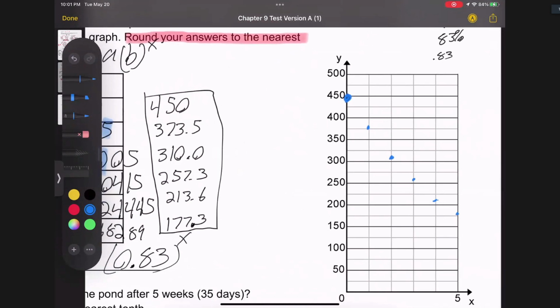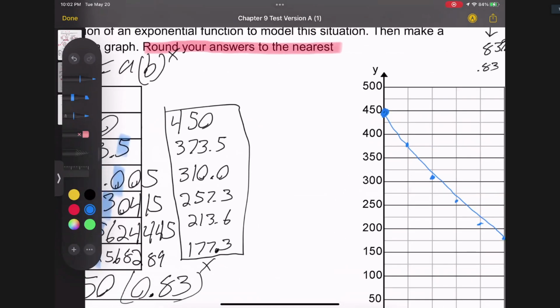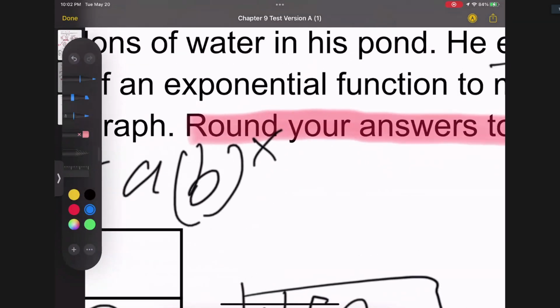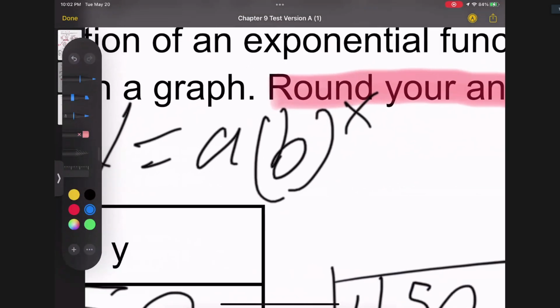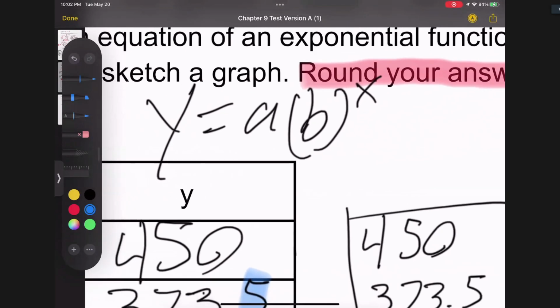Whoops. Now, you might be tempted, again, the graph is not 100% accurate, and if you're not very careful, you might be tempted to just draw a straight line. Now, what type of equation are we dealing with? An exponential function. An exponential function has a curve to it.